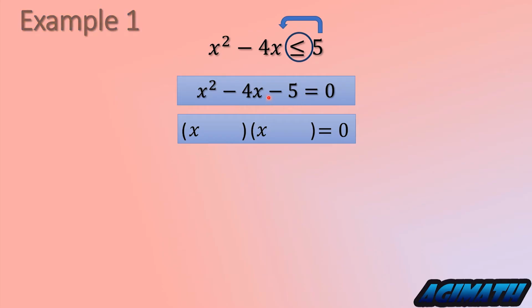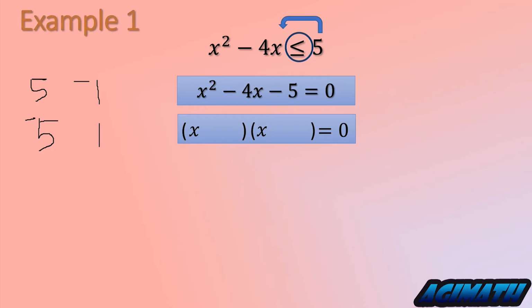What are the factors of negative 5 such that if we combine them, it will result to negative 4? Basically, factors of negative 5, we can have positive 5 and negative 1. That's one of the possible pairs of factors. Another pair is negative 5 and positive 1.